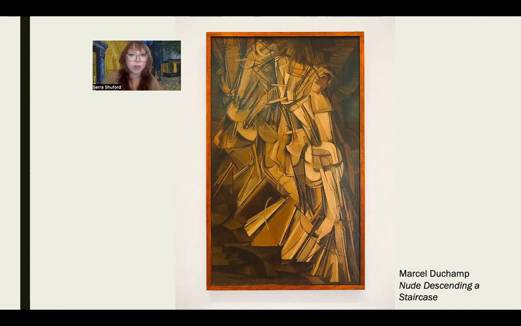Back in the early 1900s, we see that movies and film are single frames captured over and over again rapidly, rather than just one consecutive film. And so Marcel Duchamp is sort of playing on that idea, whereas instead of just having one frame, we've got multiple frames overlapping all at once.